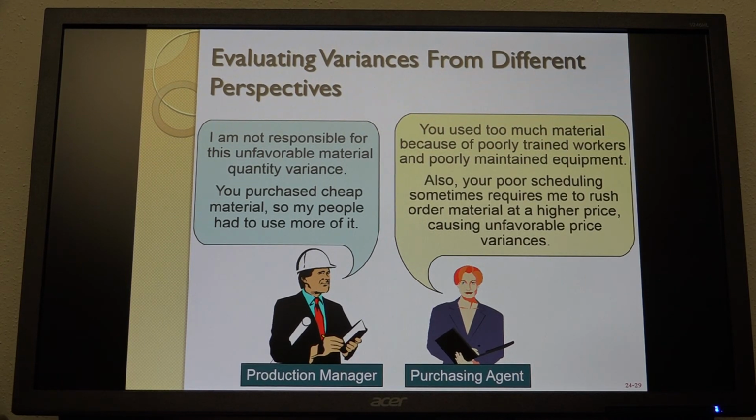Here you get this conflict between the two. The production manager says, I'm not responsible for this unfavorable material variance. You purchased cheap material, so my people had to use more of it. And the purchasing agent points a finger back and says, you used too much material because of poorly trained workers and poorly maintained equipment. Also, your poor scheduling sometimes requires me to rush order material at a higher price, causing unfavorable price variances. Sounds like it's time to get out the boxing gloves.